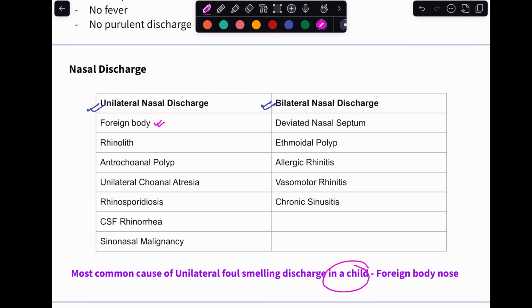Other than this, we'll also see it in cases of rhinolith, antrochoanal polyp, unilateral choanal atresia, rhinosporidiosis, CSF rhinorrhea, and sinonasal malignancies. Whereas some causes of bilateral nasal discharge would be a case of deviated nasal septum, ethmoidal polyp, allergic rhinitis, vasomotor rhinitis, and chronic sinusitis.